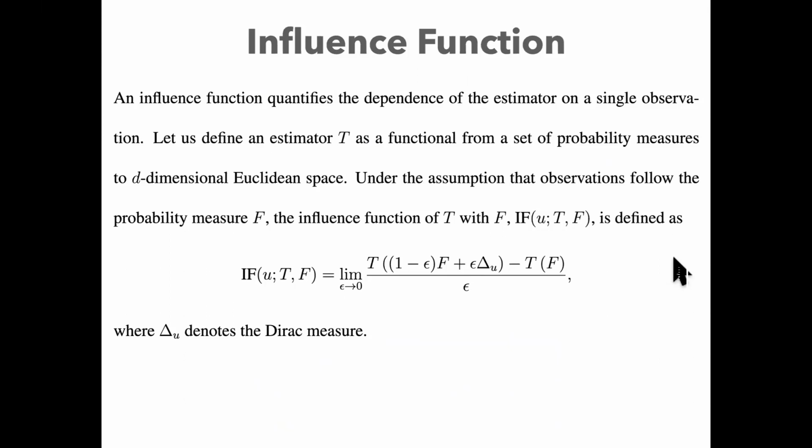The influence function has several different definitions, but here we adopt this definition. It is defined by the derivative of the estimator T in the direction of the outlier u, where delta u denotes the Dirac measure, and F is the population distribution.